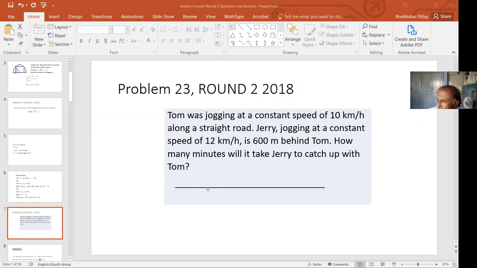So suppose they are going in this direction. Tom is here somewhere, and he's ahead. They're going in this direction, and Jerry is somewhere here.